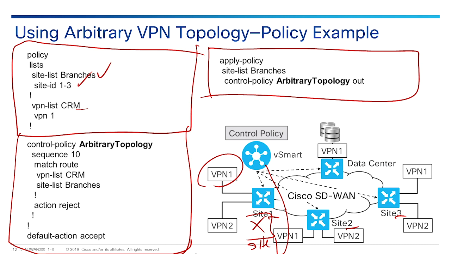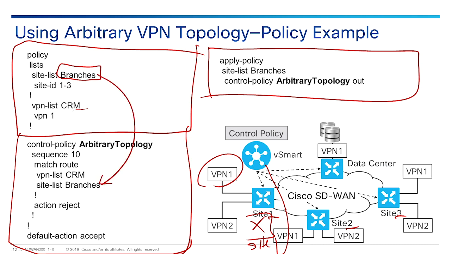The second box here is going to define the actual control policy using our groups of interest that we just defined as follows. Okay? For VPN 1, CRM, we're going to reject all prefixes if they come from sites 1, 2, or 3, and accept all others. All right? So, site list, remember we defined the site list up here called branches. And we're referencing it again here.